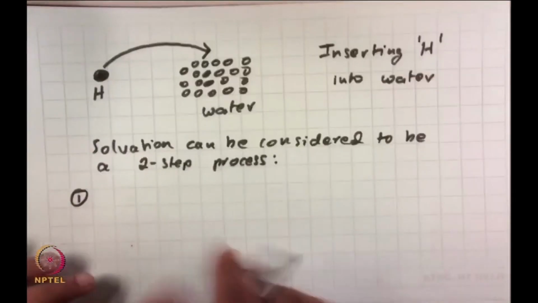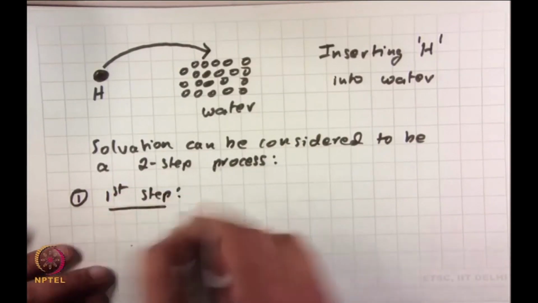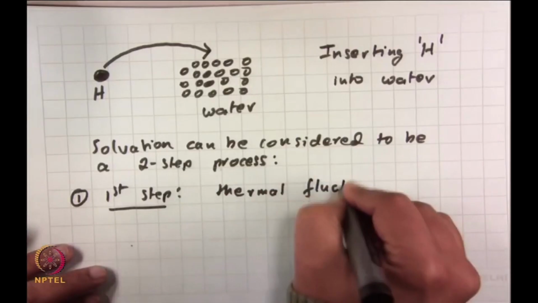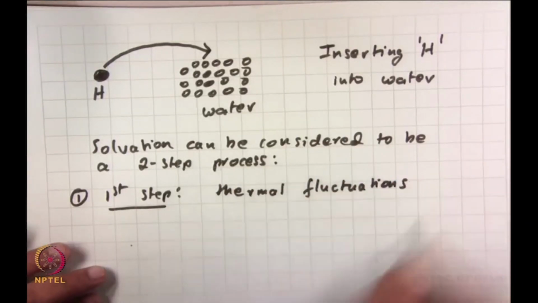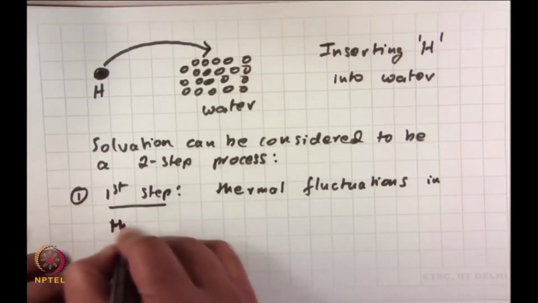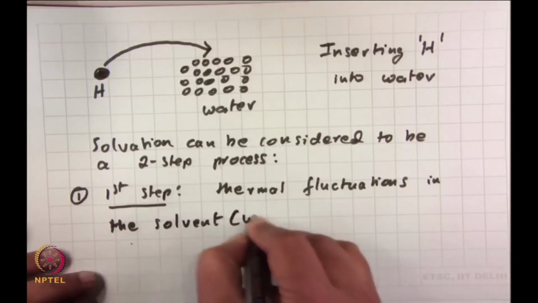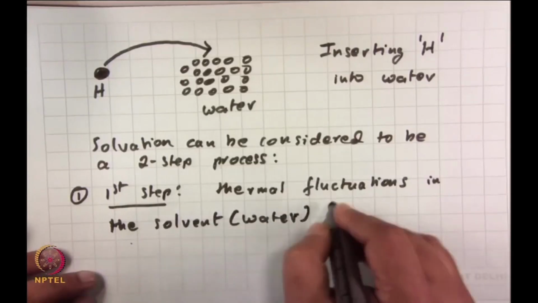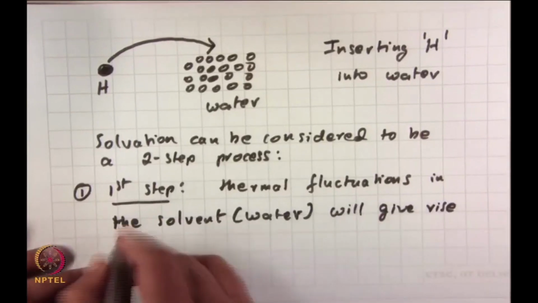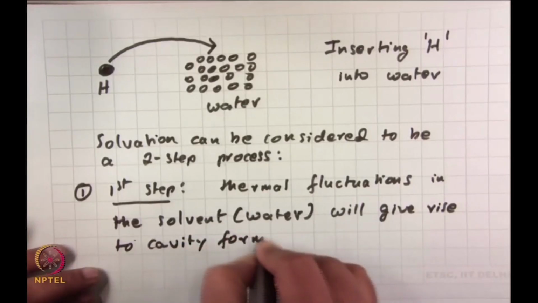In the first step, what happens is thermal fluctuations in the solvent, which in this case is water, will give rise to cavity formation.